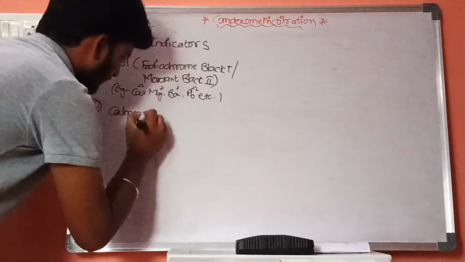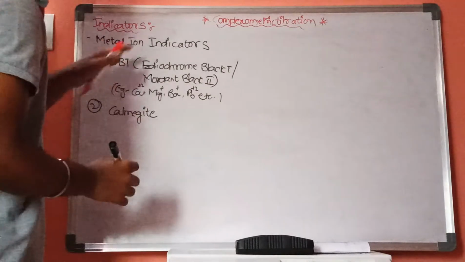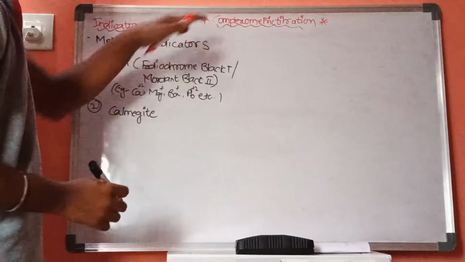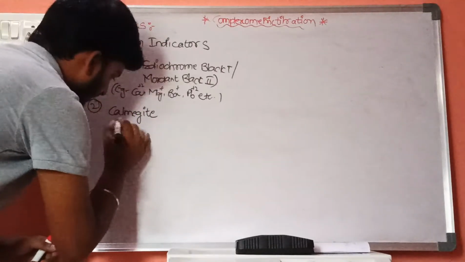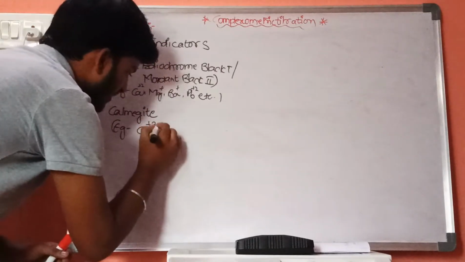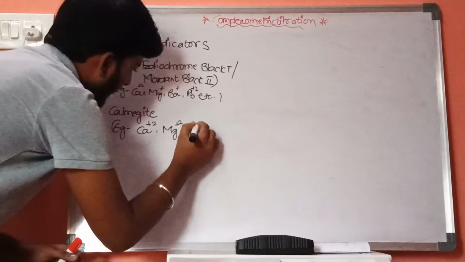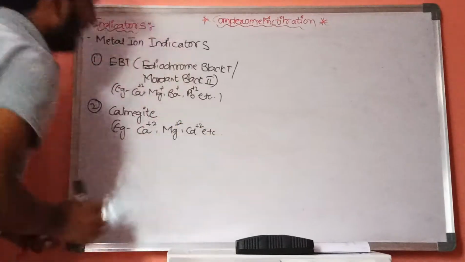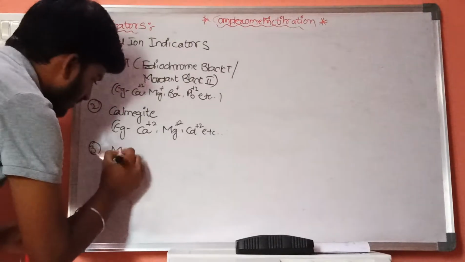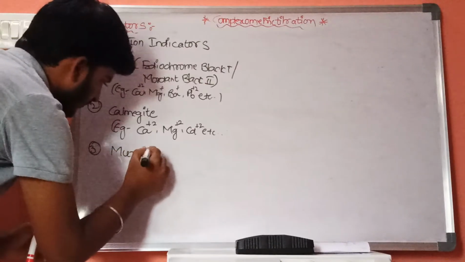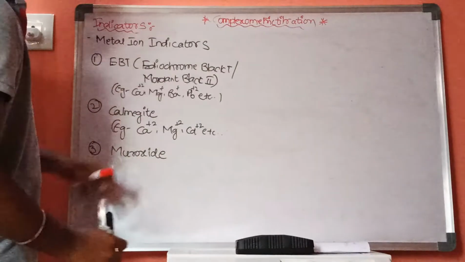Calmagite. This is the second type of indicator which is used in complexometric titrations. Calmagite is used for detection of calcium, magnesium, cadmium, etc. And the third one is Murexide. The third indicator is Murexide.